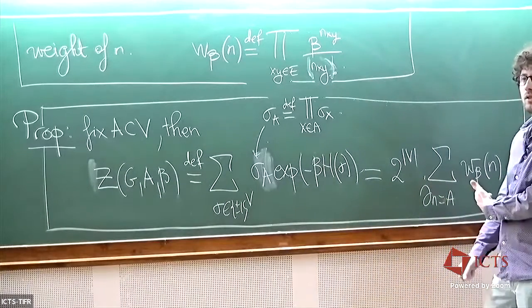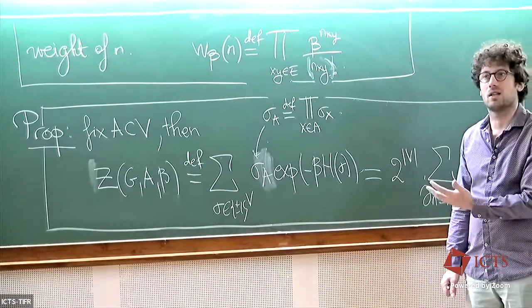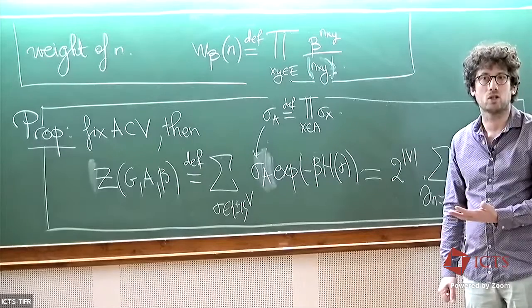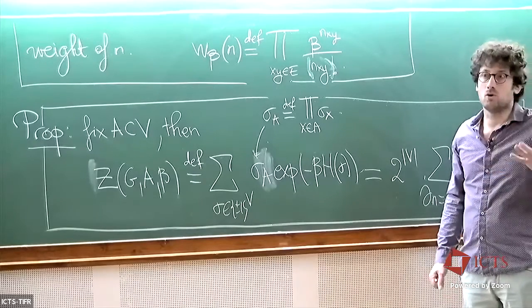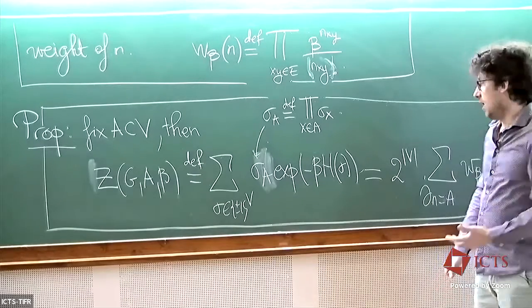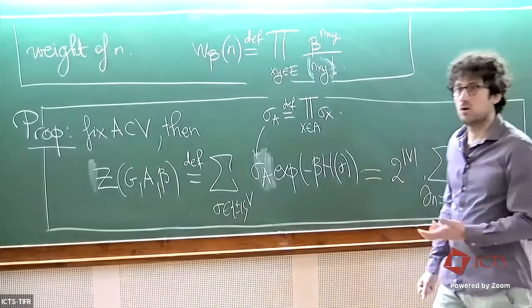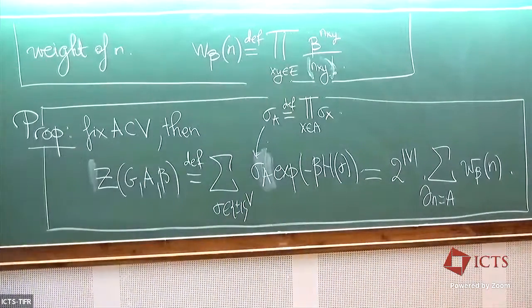This is something you see very often, in particular in the high temperature expansion of the Ising model or of other models. And how do you get this type of thing? Usually, you just do an expansion of your Hamiltonian.